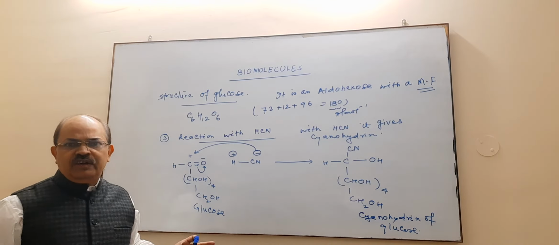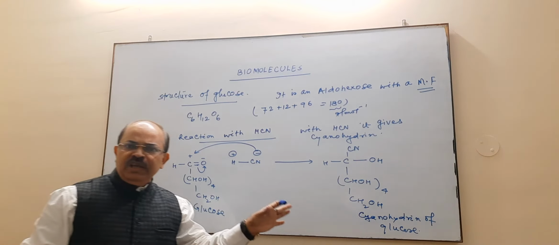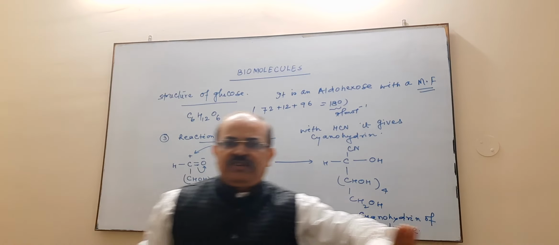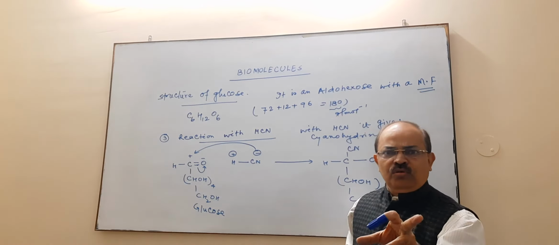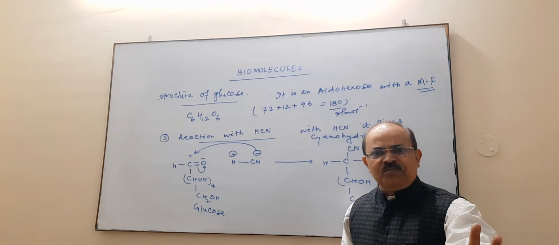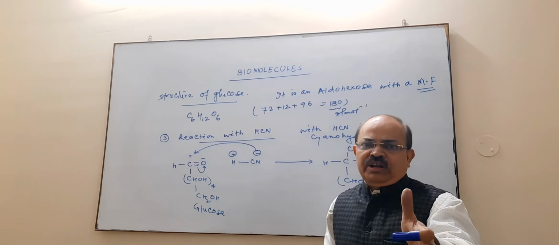It shows that glucose contains carbonyl group, क्योंकि ये रिएक्शन दोनों ग्रुप दे सकता है, चाहे वो एल्डिहाइड हो चाहे वो कीटोन हो. तो ये अभी हम फिलहाल नहीं बोलेंगे कि ये एल्डिहाइड है, it may be ketonic.